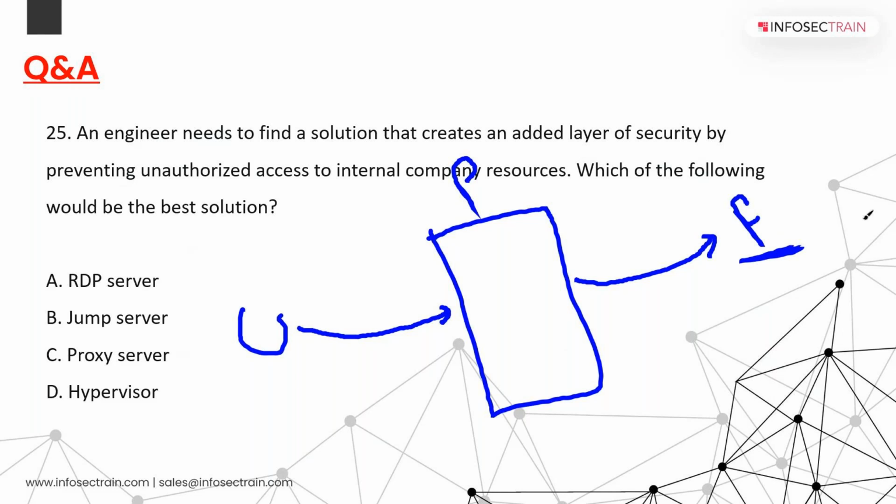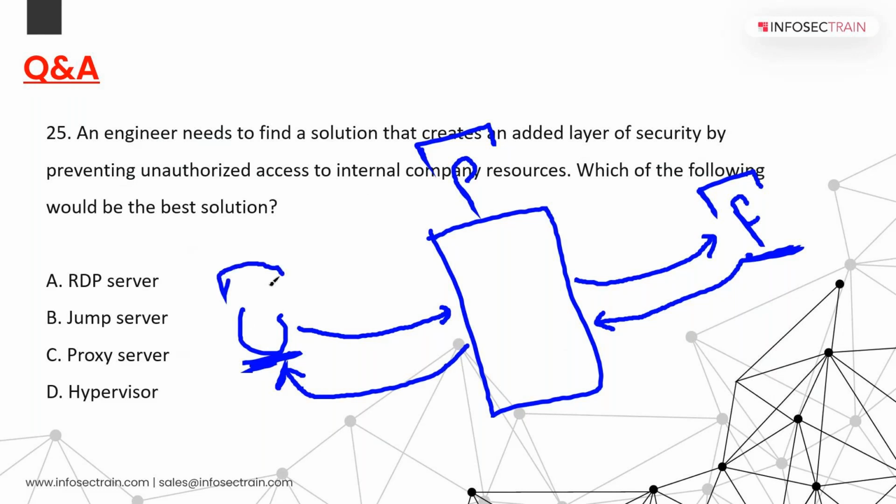Facebook will know the request was sent from this proxy, but will never know that this user, Amit, is sending it. Facebook replies to the proxy, and the proxy gives the reply to the user. So the identity of the user is protected. This is great for protecting your identity, but it does not prevent unauthorized access. It has nothing to do with that.